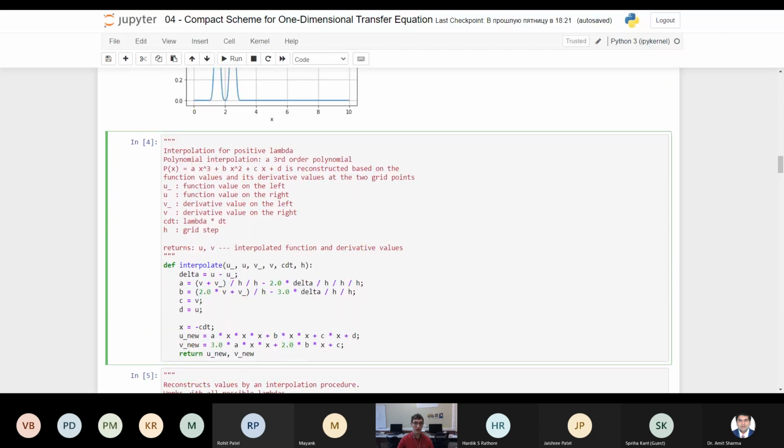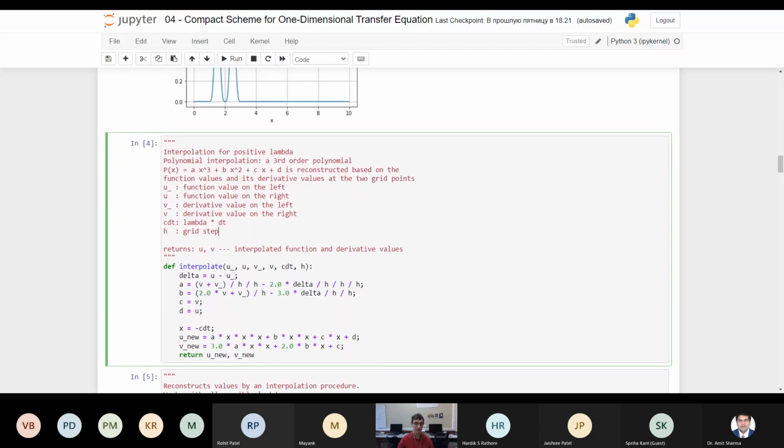We can see the implementation of the function. The system of algebraic equations is solved analytically, and the following coefficients are found.